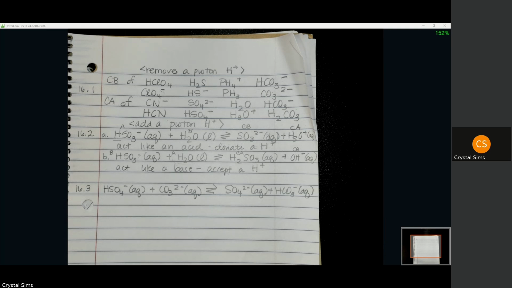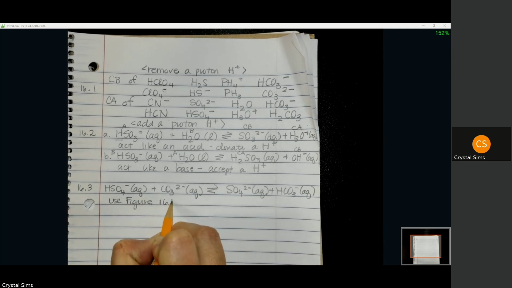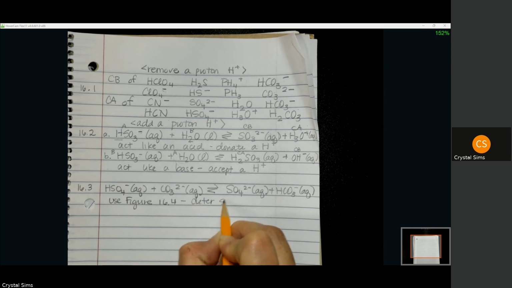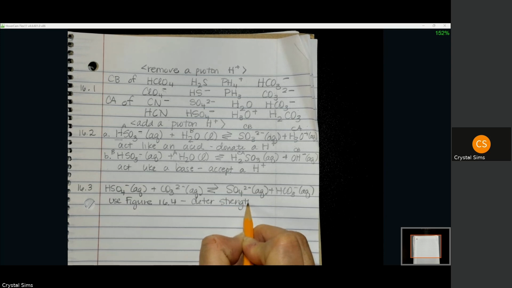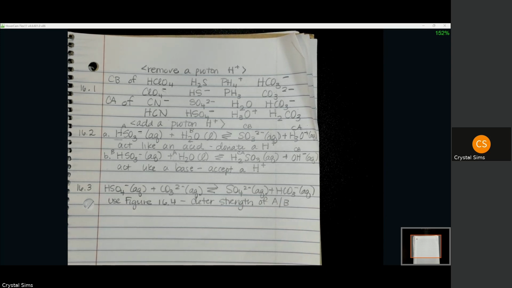So the way that we have to do this is they told us to use figure 16.4, and that's going to allow us to determine the strength of our acids and bases. Figure 16.4 is found on page 676 in your book, and I also put it in the notes handout for you.